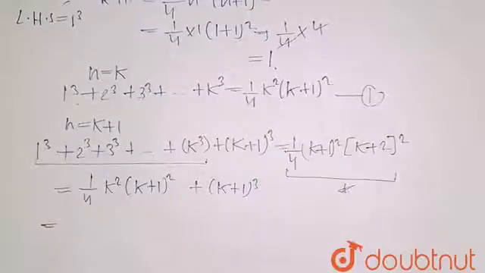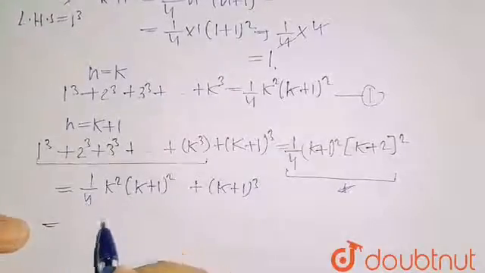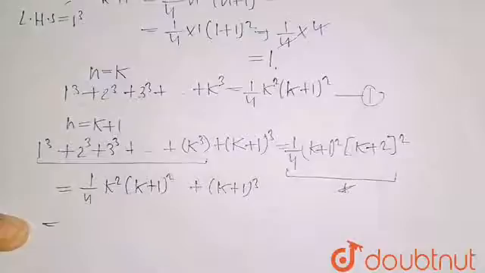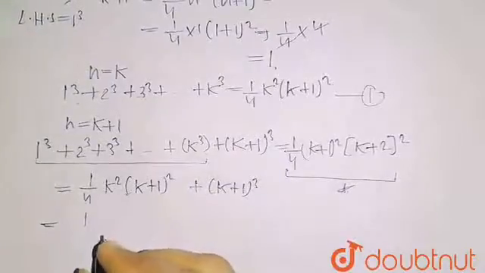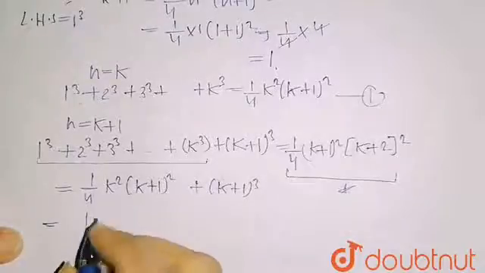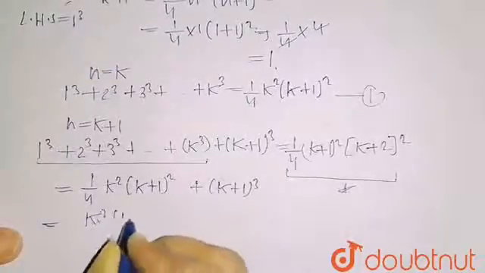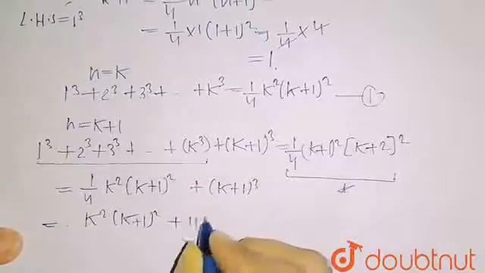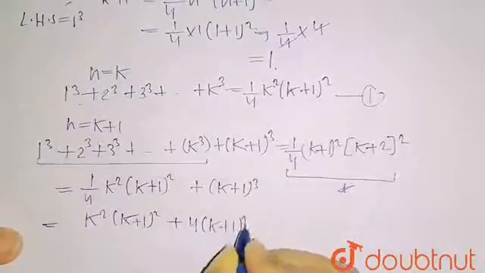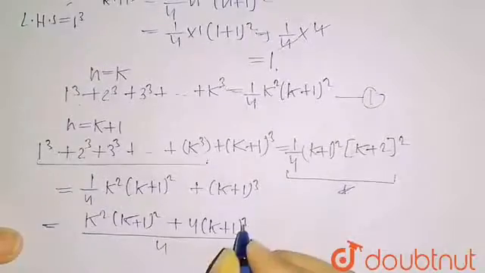For simplifying, I can take (k plus 1) square common. First I am taking the LCM: k square (k plus 1) whole square plus 4 (k plus 1) whole cube upon 4.